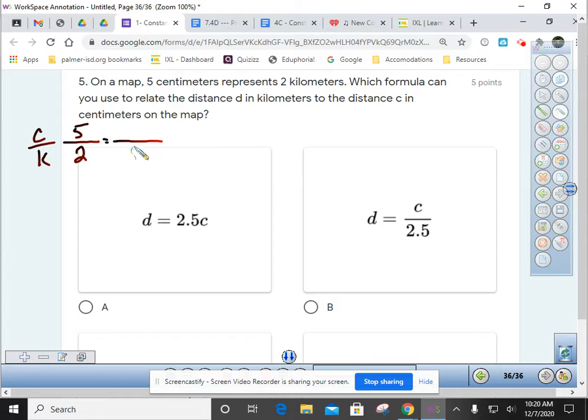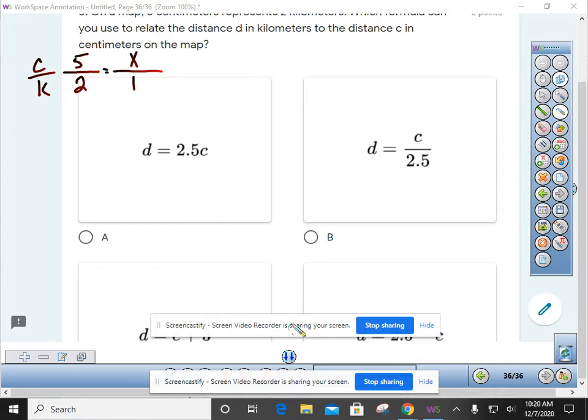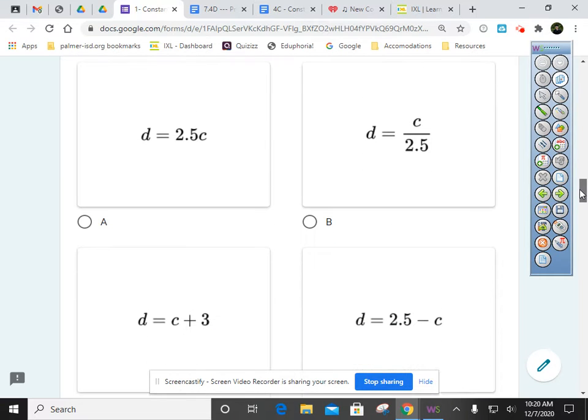So I would say how much it is in 1 kilometer. Once you write that, then you solve it. It's going to give you a pretty darn close answer because you probably already know what the answer is. It's going to give you a close answer to one of these. You know you're either going to multiply or divide.